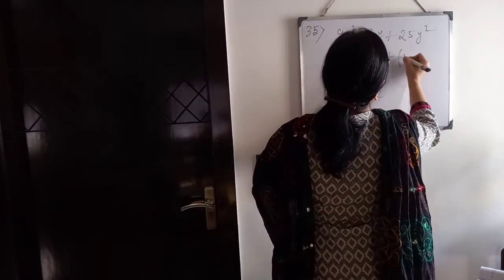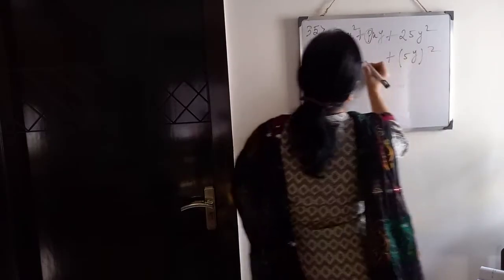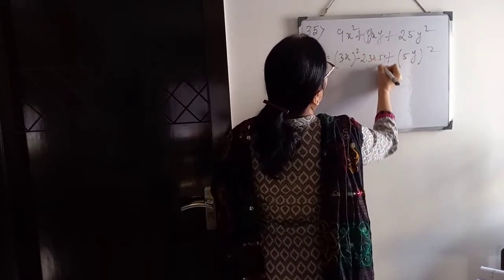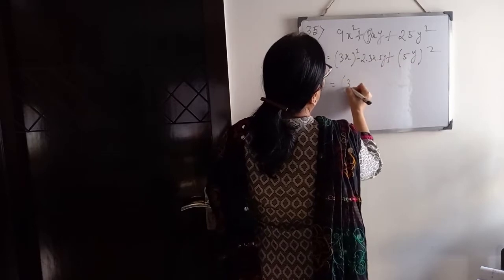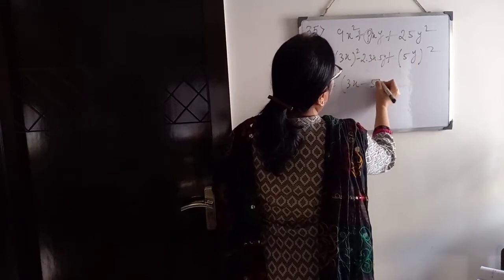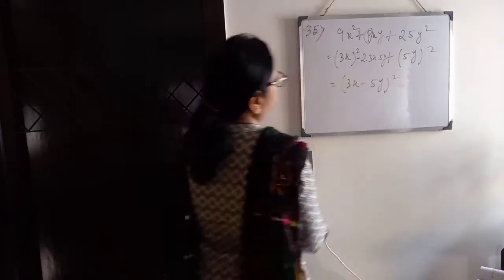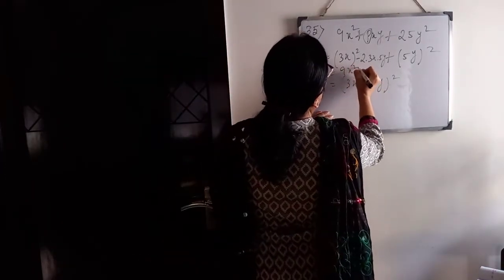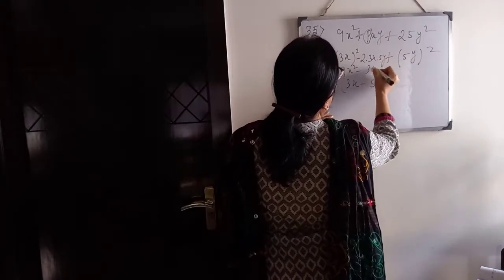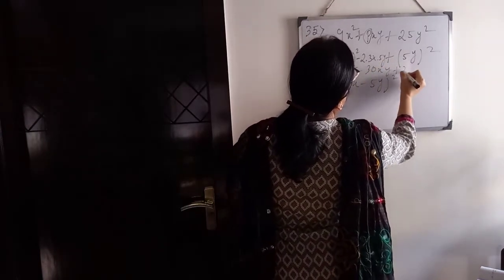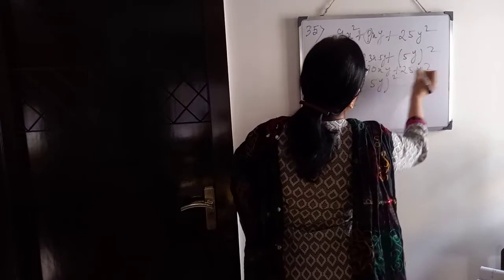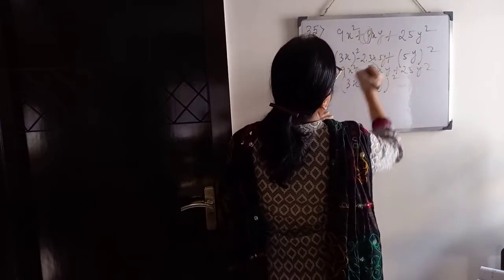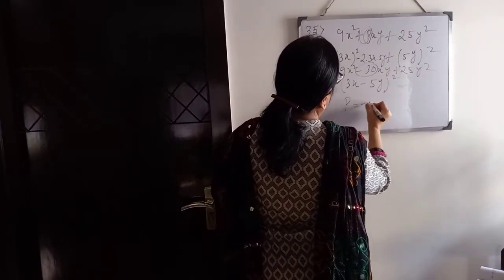See here, if I write it in this form, minus 2 into 3x into 5y, we can write, so this equals (3x minus 5y) whole square. A perfect square is coming, and this is 9x square minus 30xy plus 25y square. So if you compare this and this, here value of p is coming minus 30.